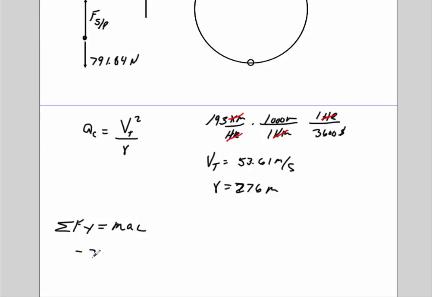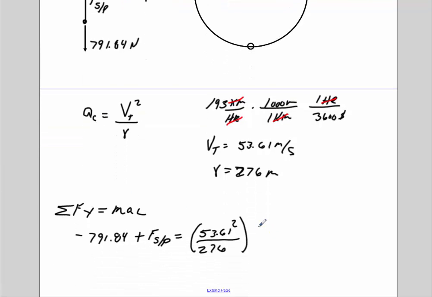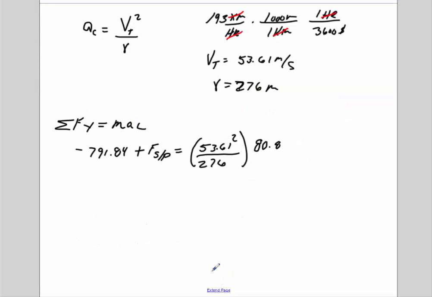We'll get minus 791.84 plus the force the seat is pushing on the pilot must equal velocity squared, 53.61 squared over 276. That's my centripetal acceleration, and then times the mass of the pilot, and again the mass of the pilot was 80.8, and we'll solve for that.